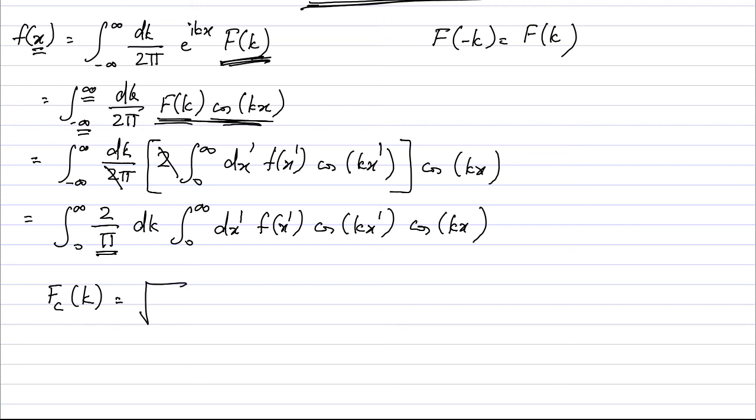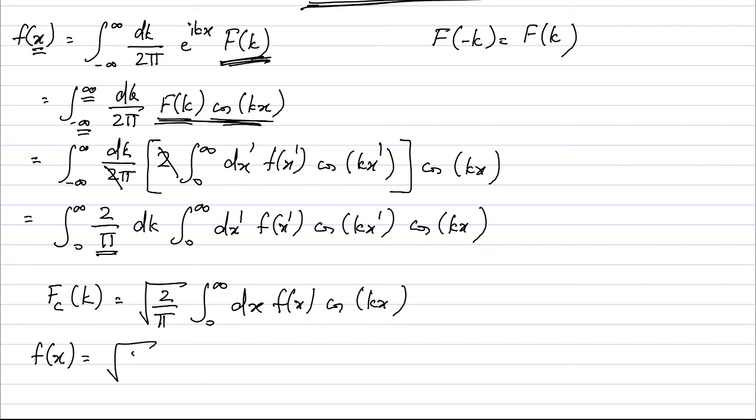So you have F c of k equal to square root of 2 over pi times the integral from 0 to infinity dx f of x cosine kx, and then f of x is equal to square root of 2 over pi times the integral from 0 to infinity dk F c of k cosine kx.